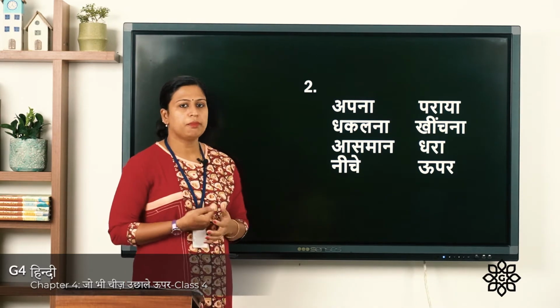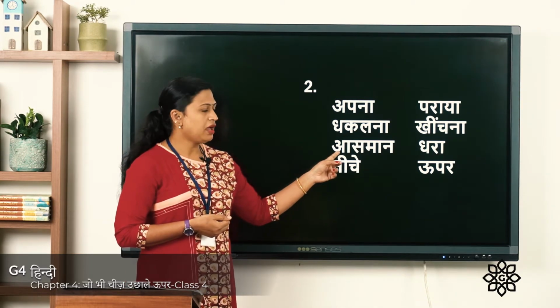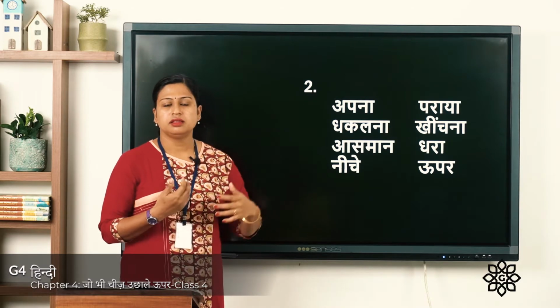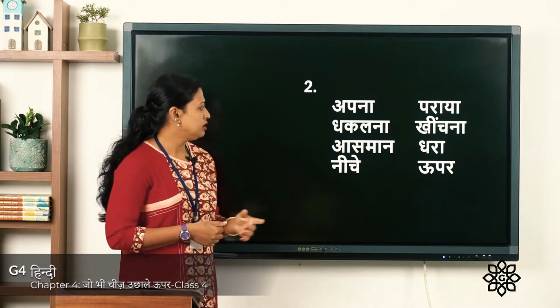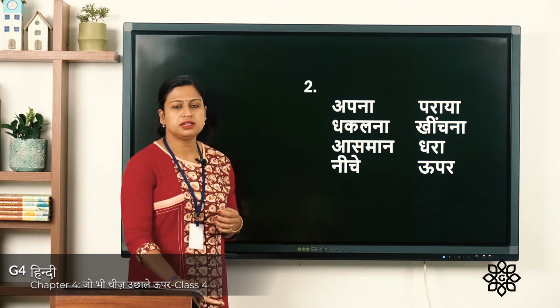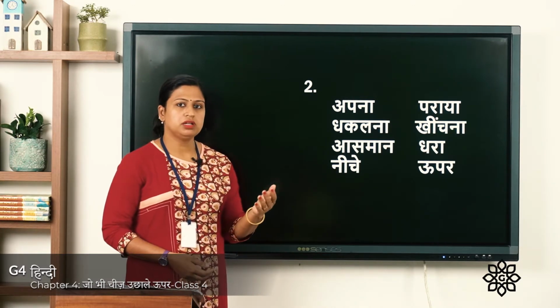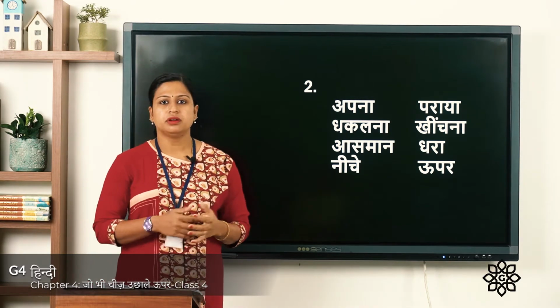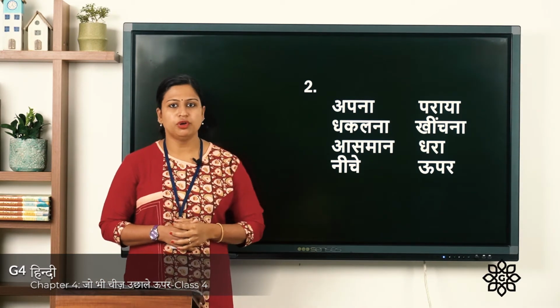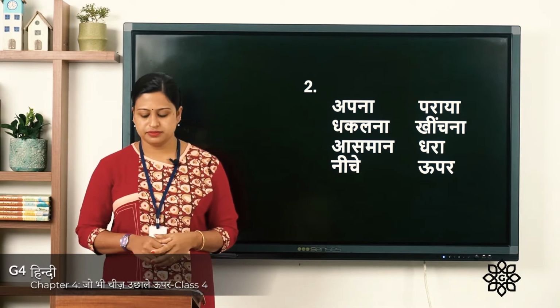Khichna means to pull. Asman means sky. The opposite word dhara means land or earth. Niche means down. The opposite word is upar. Upar means up. So you have to write these exercises in your notebook with proper date.